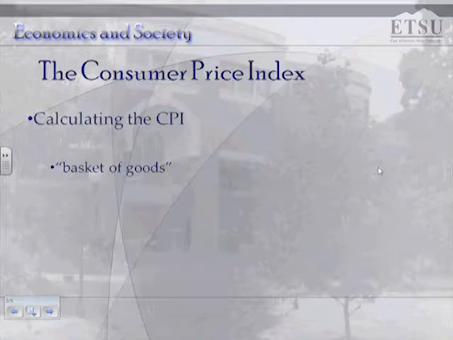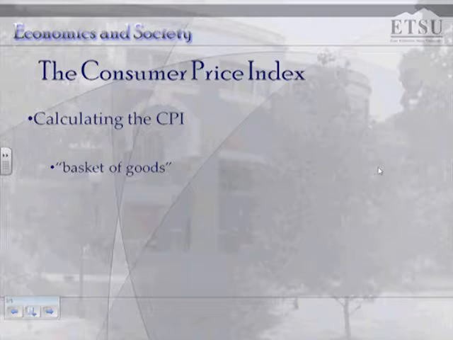And so what is it that consumers normally purchase? They purchase things like housing, they purchase automobiles, they purchase fuel for the automobiles, they purchase all kinds of different foods, all kinds of different consumer electronics, durable goods, washing machines, dishwashers, refrigerators.